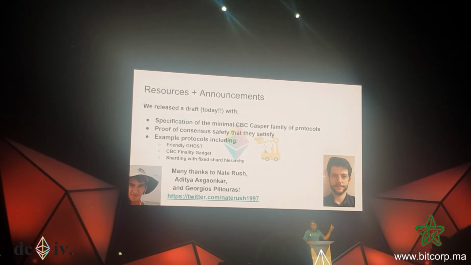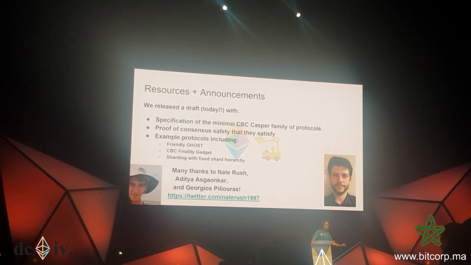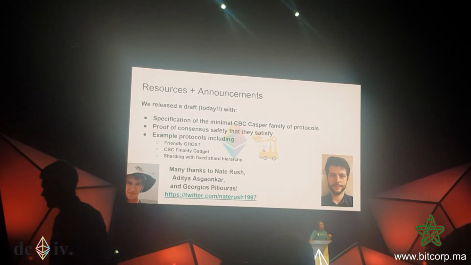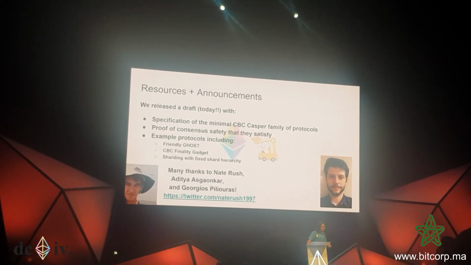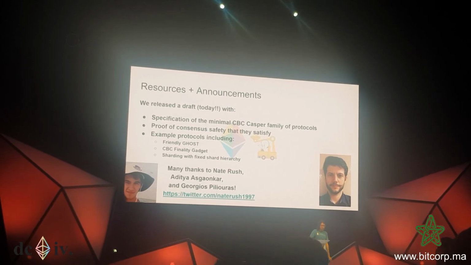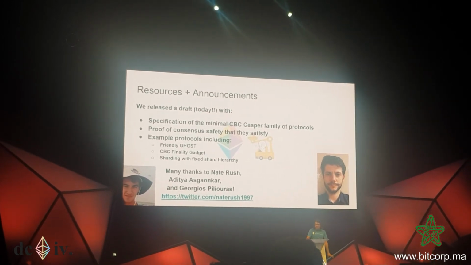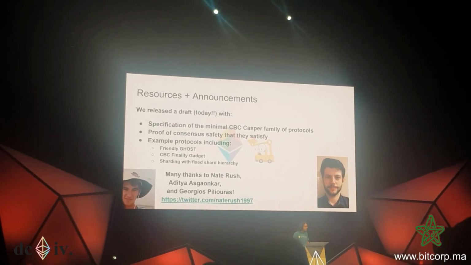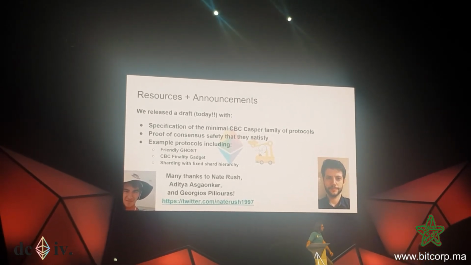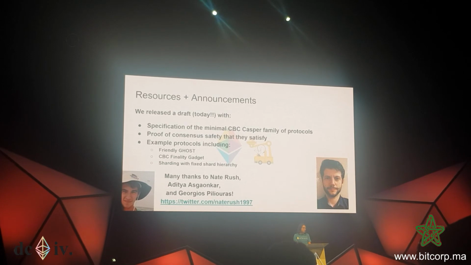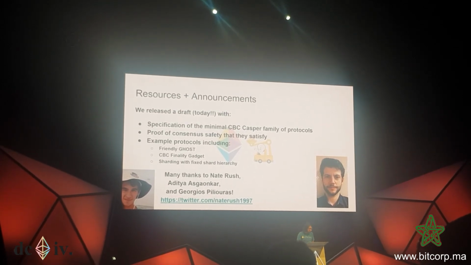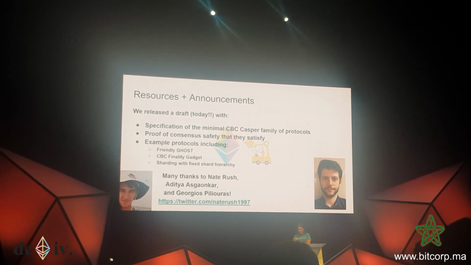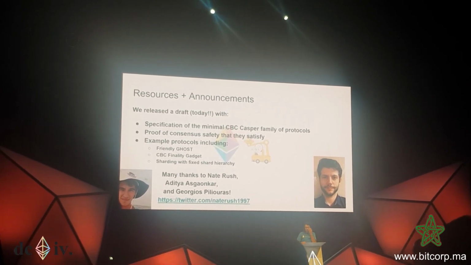And you can download a new specification of the minimal CBC Casper protocol states that is extremely rigorous and pedantic, with extremely rigorous and pedantic proof of the consensus safety result and example protocols, including the friendly ghost, the finality gadget, sharding with fixed hierarchy. And I'd like to thank my co-authors, Nate Rush, Aditya, and Georgios.